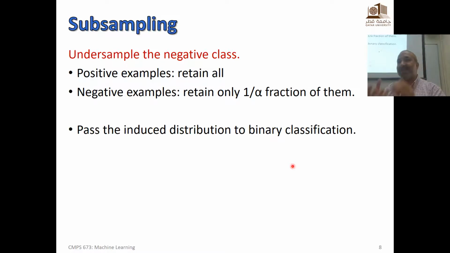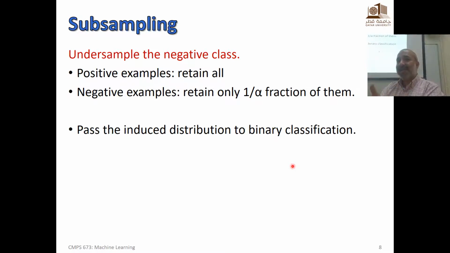Now, this is called an induced distribution. We started with a real distribution, and then from it, we did some processing, and we came up with this new induced distribution. Now, we will pass this new distribution to any binary classifier that we like.